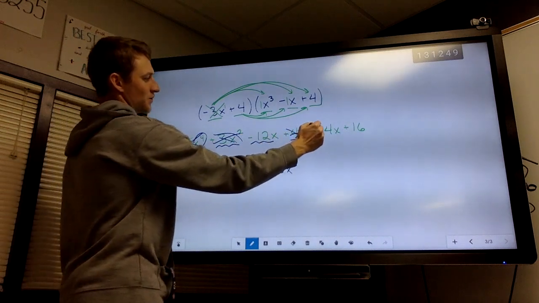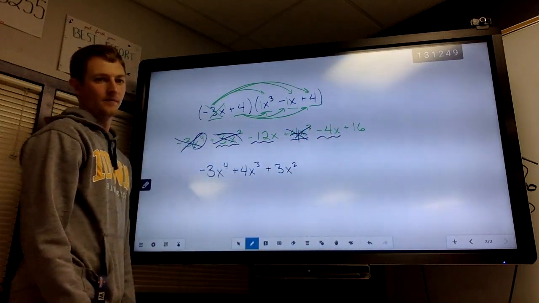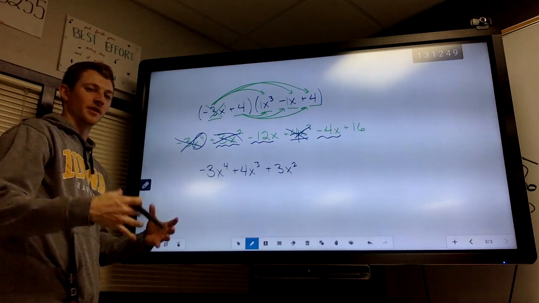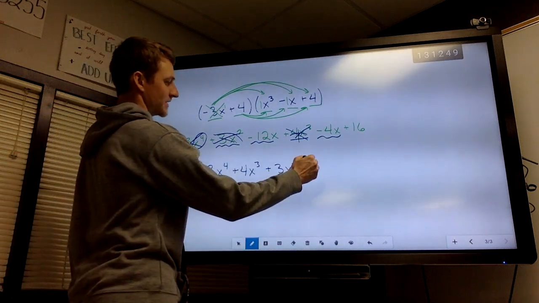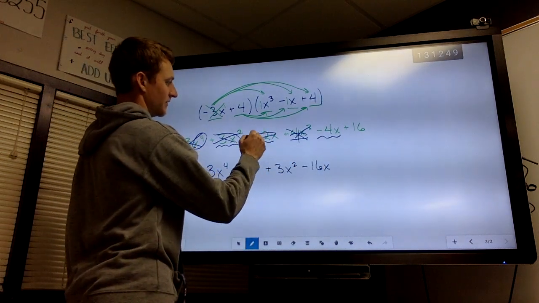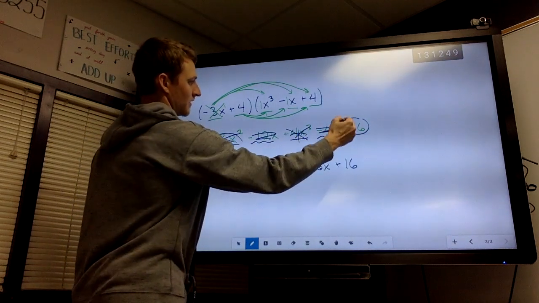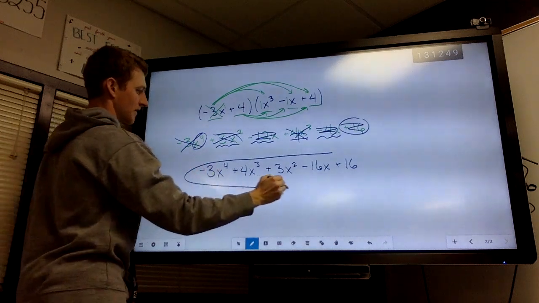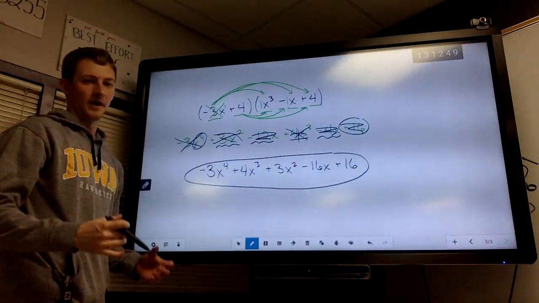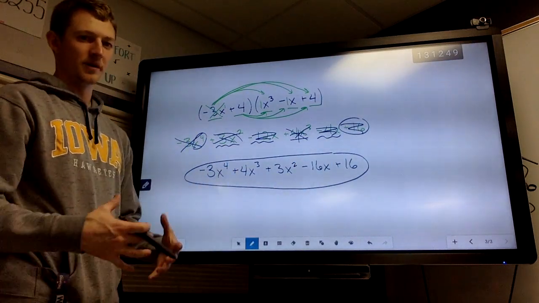Well, what is negative 12 minus 4? When you subtract from a negative, you get a bigger negative. So we have minus 16x. We've taken care of those. And now we have this plus 16 all by itself. And we have combined our like terms into the standard form, into a simpler form.